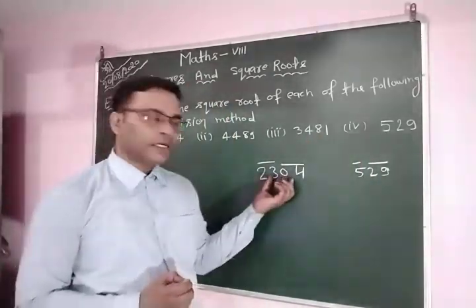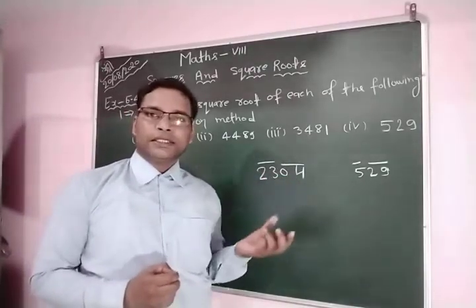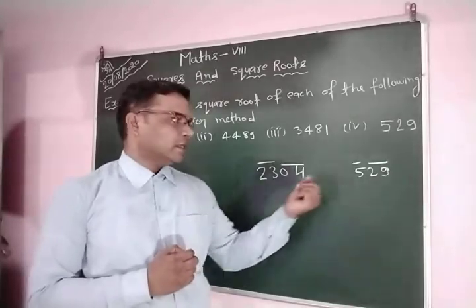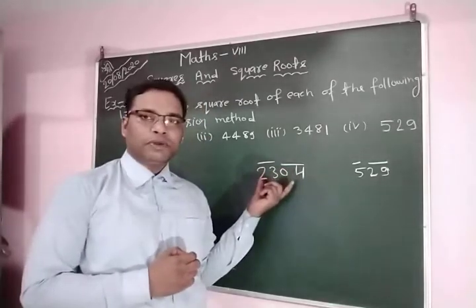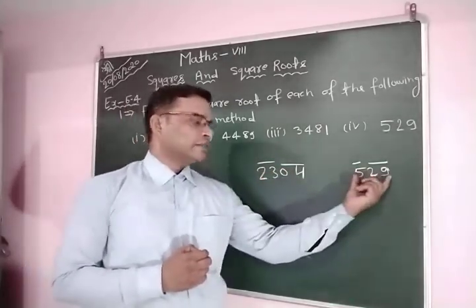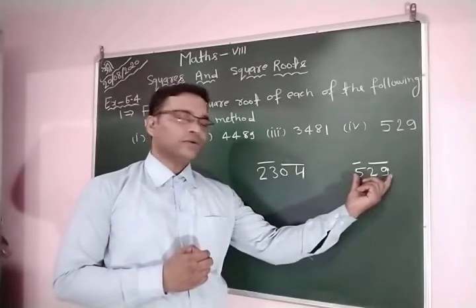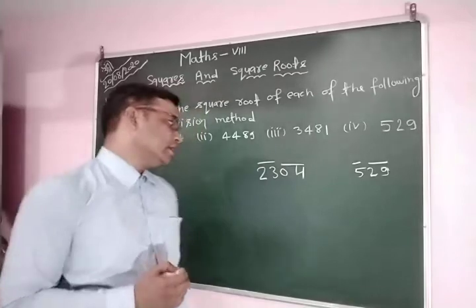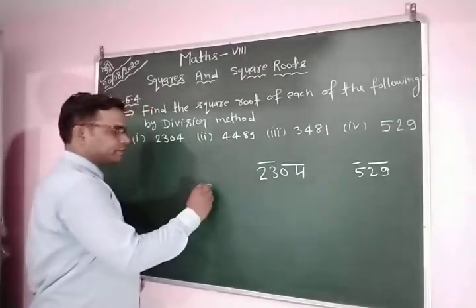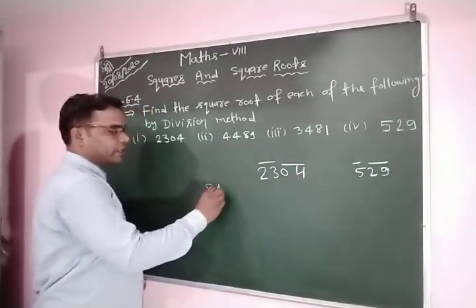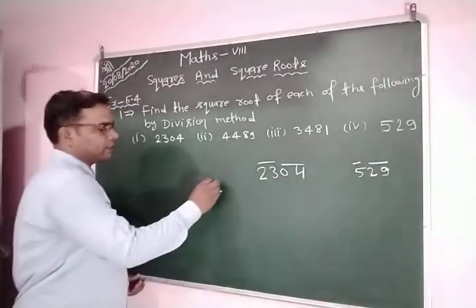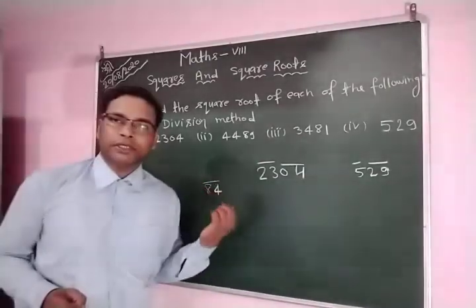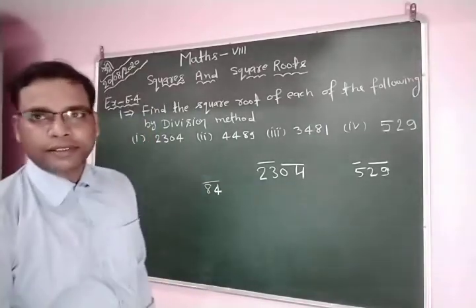This bar indicates that the square root of this number is in 2 digits. Suppose you have 64, and we put one bar here, so it means that the square root of this number is 1 digit. Clear?